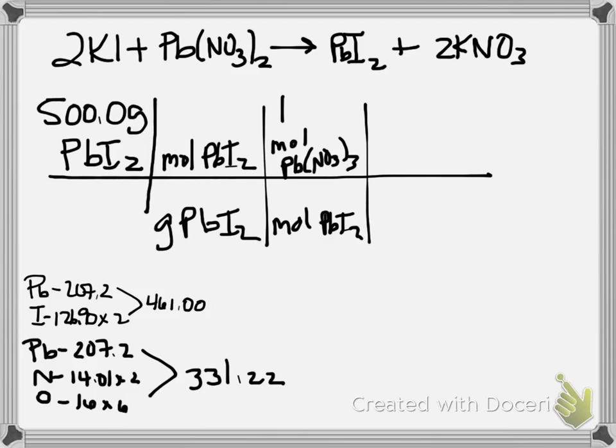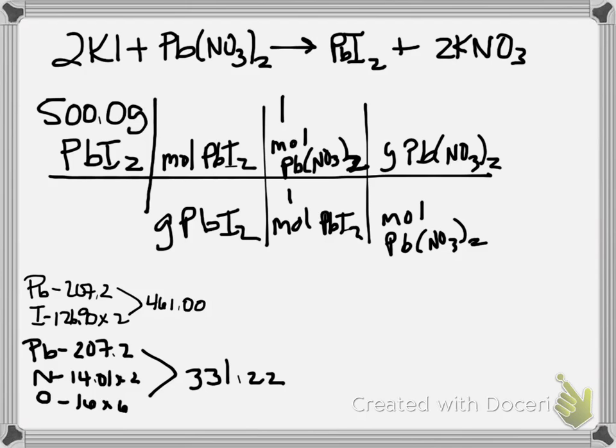And our mole ratio is 1 to 1. That's easy. Now we're in moles of lead nitrate, and we want a mass of lead-2 nitrate. So I've gone ahead, I've got both of our molar masses figured here. So once we get our stuff set up, we're ready to pop those in.